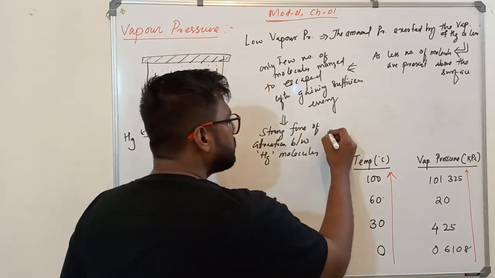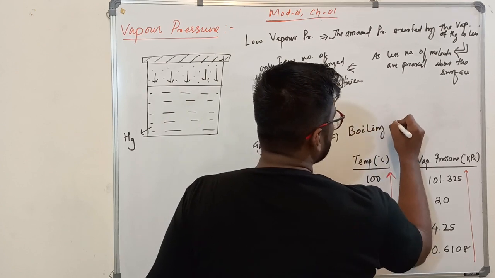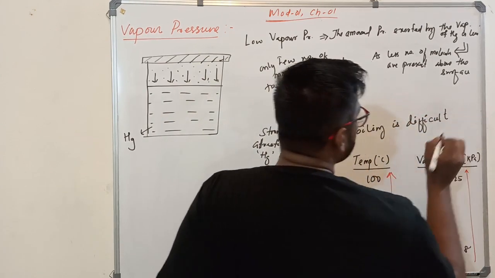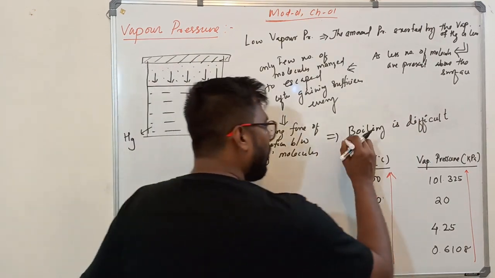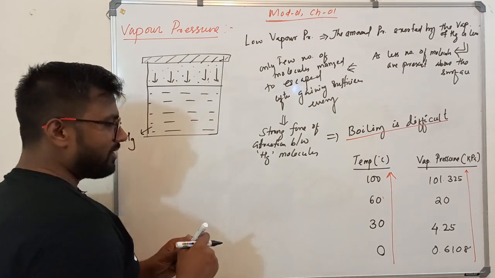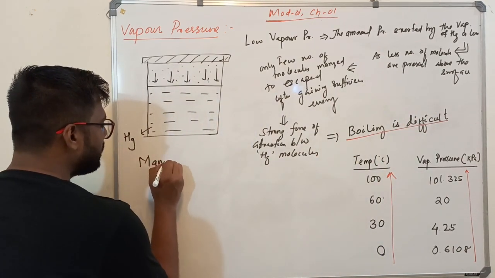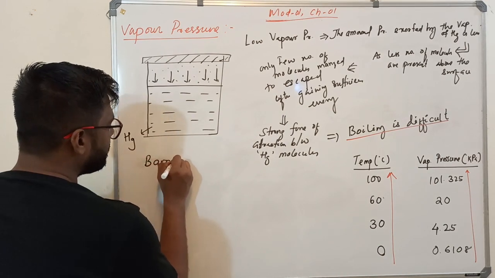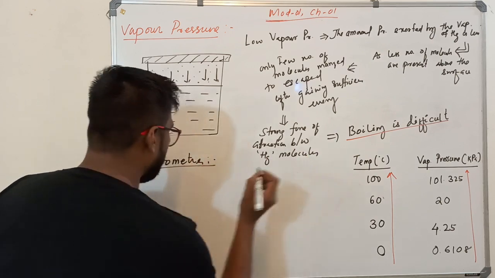But here there are fewer molecules, because they have a strong force of attraction, that's why they are not coming up. They are not coming up means what is happening? Sir, boiling is difficult. That means boiling is becoming difficult. Because boiling is difficult, in the barometer, which is a pressure measuring device, I can use mercury.